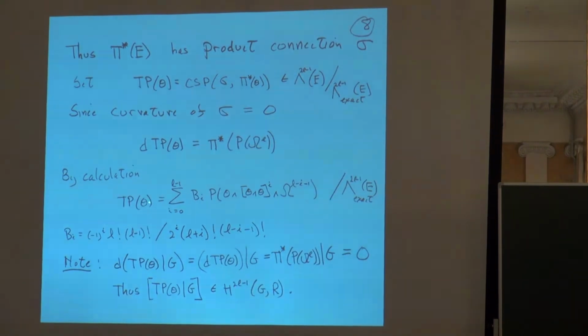There's a sum of a bunch of coefficients times the invariant polynomial, and you plug in theta, and you plug in theta bracket itself, and the curvature, and you sum over all this stuff, and you get it. And so that's TP theta. It's a form upstairs, defined modulo exact, just like this was defined modulo exact. And those forms turn out to be pretty interesting.